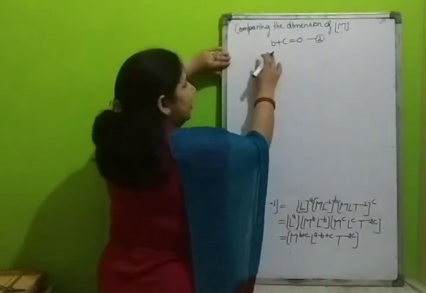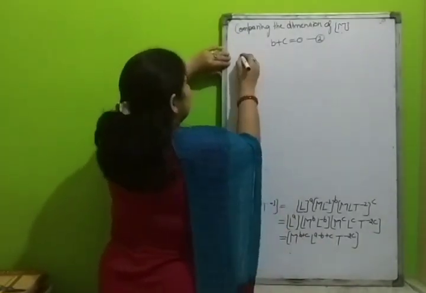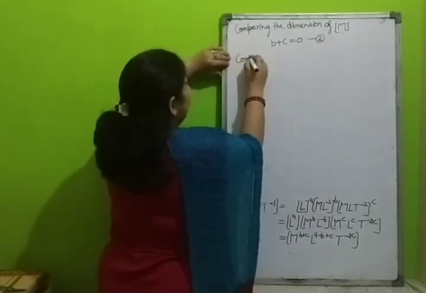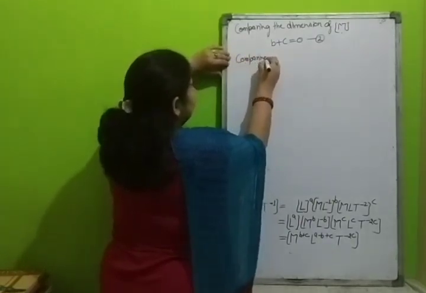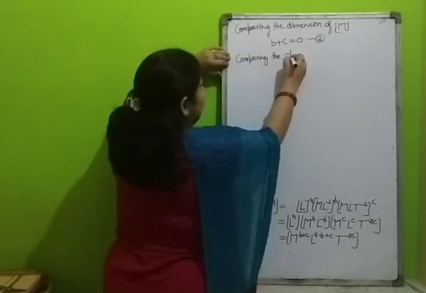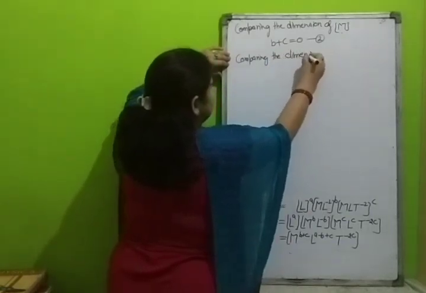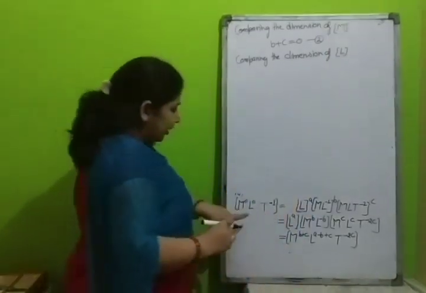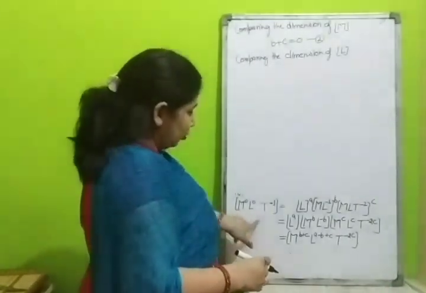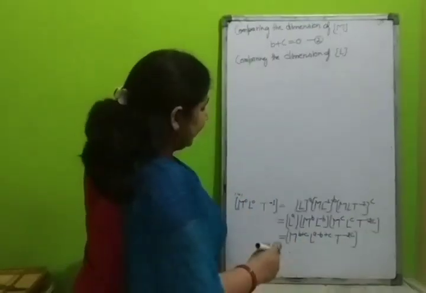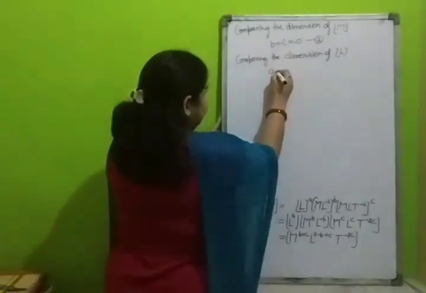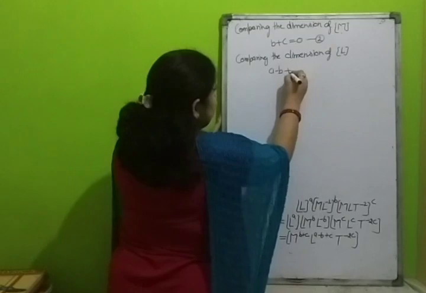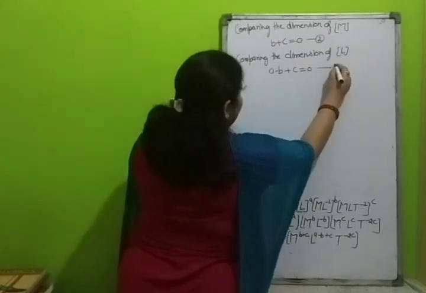Now the second term, here we cannot find any value. Now we will do the next step. Comparing the dimension of L. What we have on the left-hand side for L is 0 and on the right-hand side L is A minus B plus C is equal to 0.